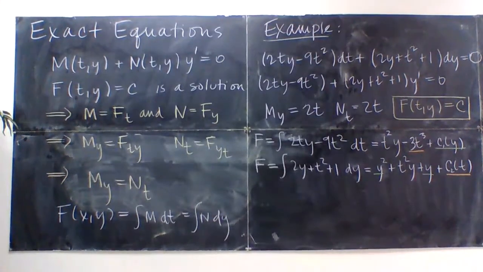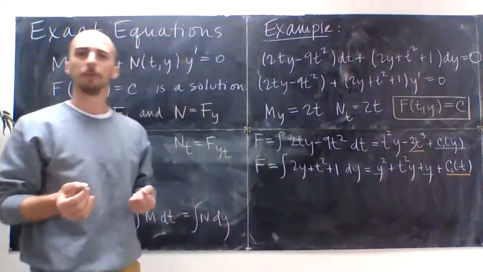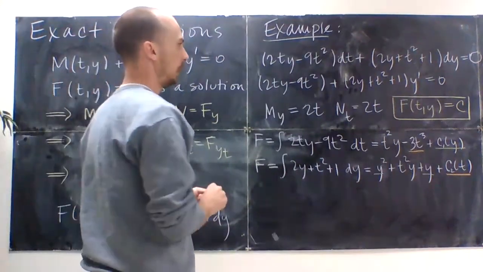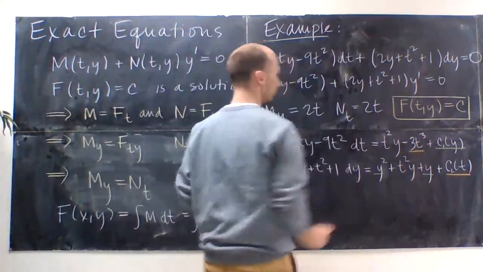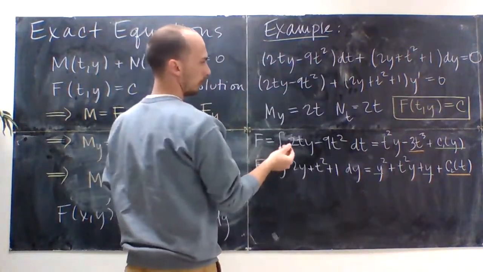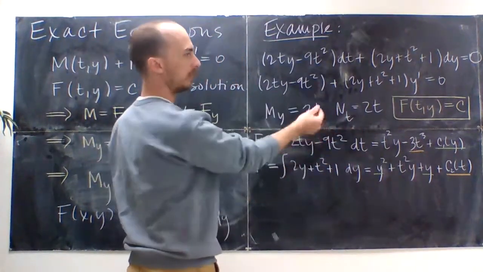So the function, or, I don't really want to call it a function, right? Because it's the level curve of a two-variable function. But the expression that I'm looking for, this f, is going to be equal to y squared plus t squared y plus y minus 3t cubed.